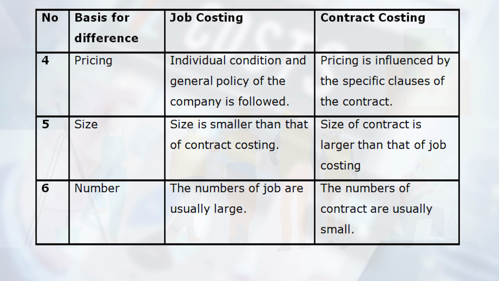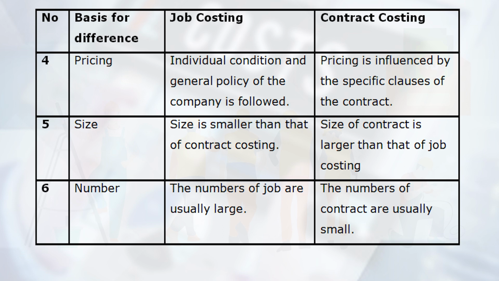Next point of difference is the size. Job costing size is smaller than that of contract costing, and under contract costing, size of contract is larger than that of job costing. Next point of difference is number.